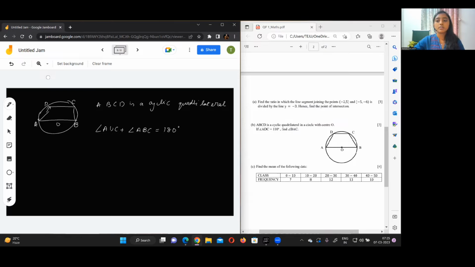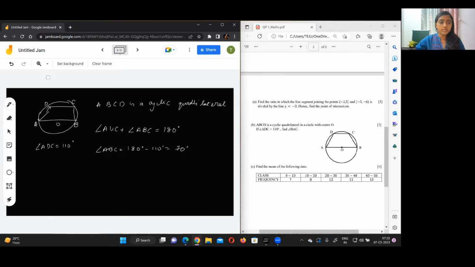We know that angle ADC is equal to 110 degrees. So angle ABC is equal to 180 degrees minus 110 degrees, which is equal to 70 degrees, right?